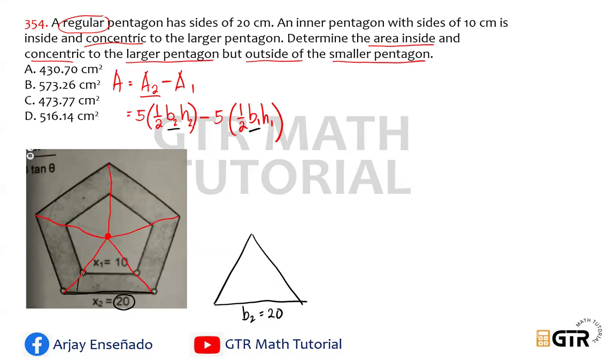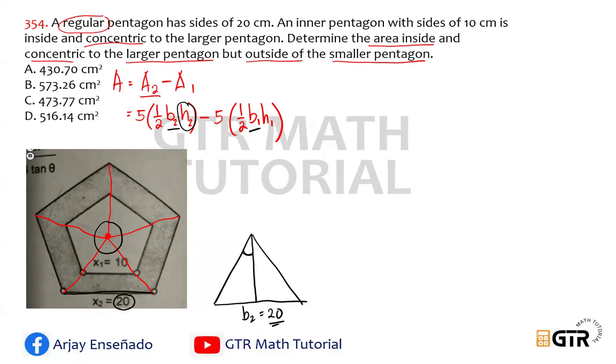Okay, so let's focus first on this triangle. To find the area of this bigger triangle, we need to find the height. We are given only this side, 20 centimeters. So to find the height of this triangle, we need to find this angle. As you can see in this figure, one revolution is 360 degrees.